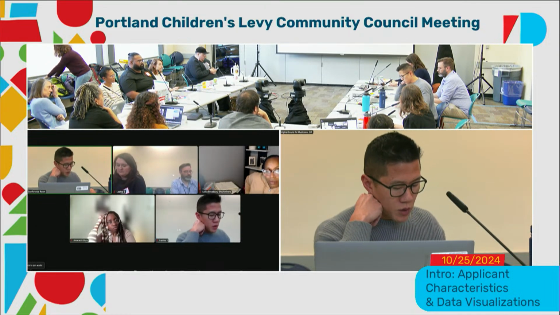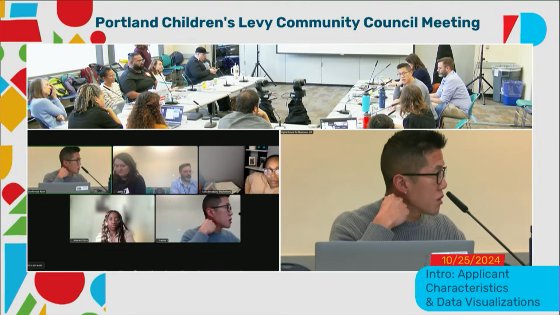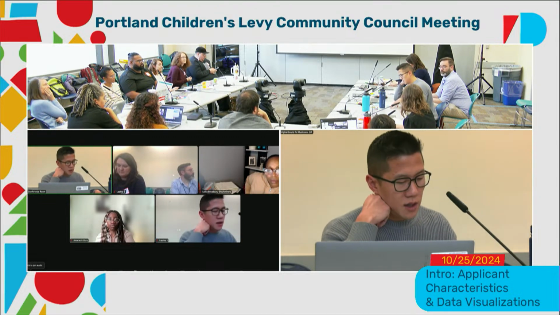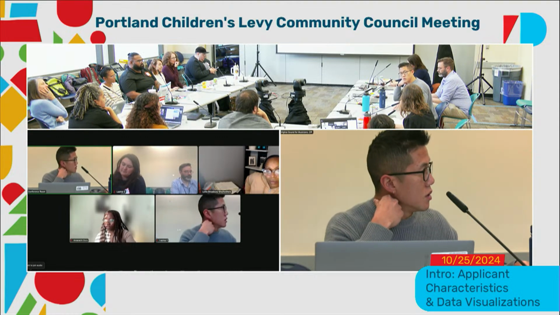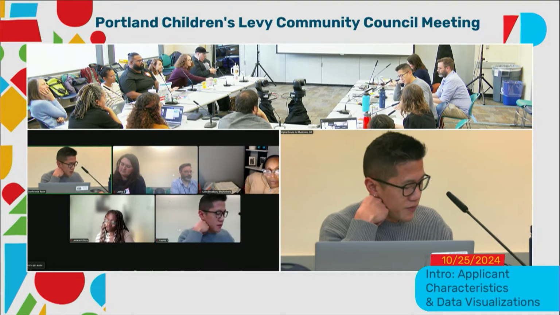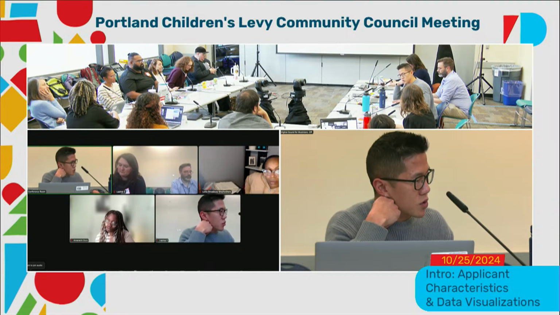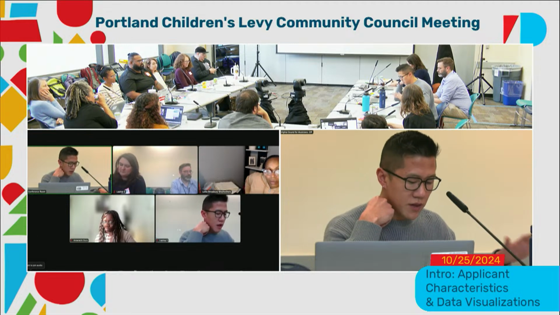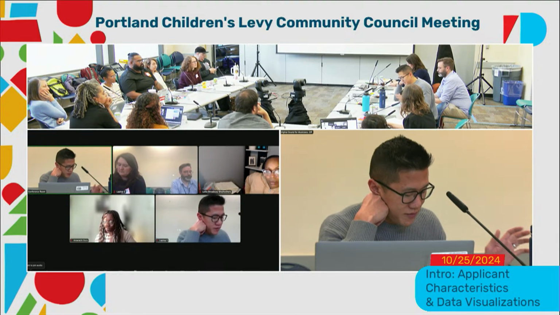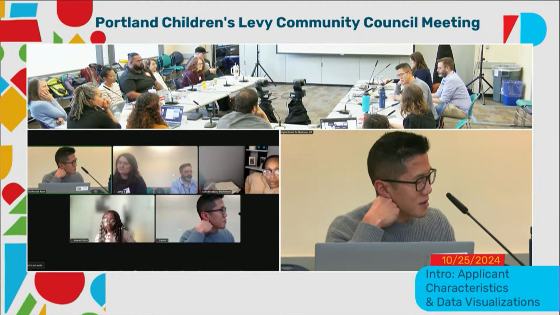But what is the percentage of organizations who considered applying but didn't for some reason? Or what is the percentage of organizations out there that would be eligible but don't know about PCL? I think that speaks more to recruitment and access to the levy application itself. That's something this doesn't tell me that makes me wonder.